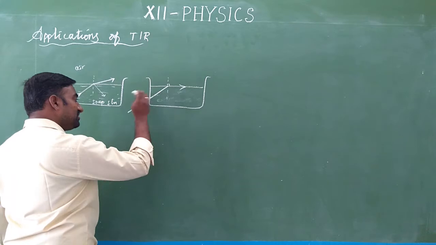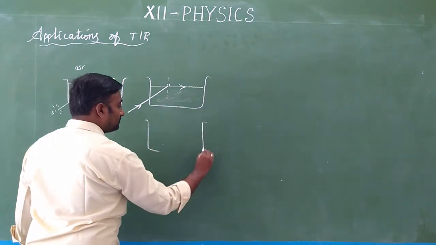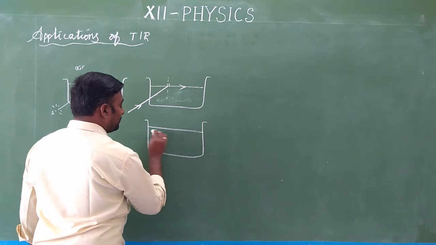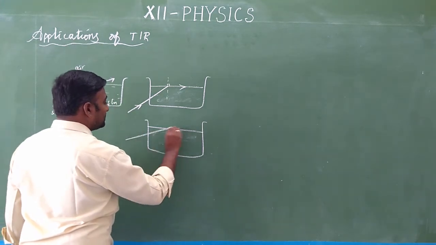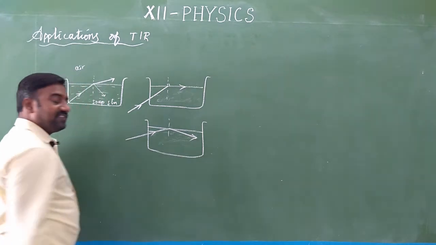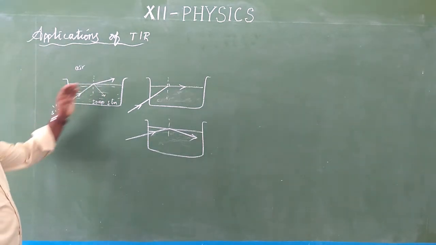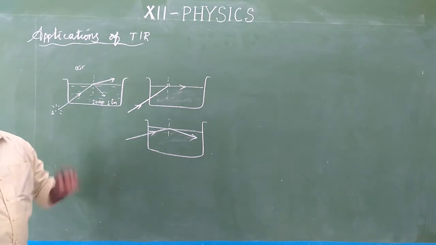Further, if you still increase the angle of incidence, what happens? There is no refraction, only the reflection takes place. So by adjusting the given laser source, you can see that they are changing the path of the light.